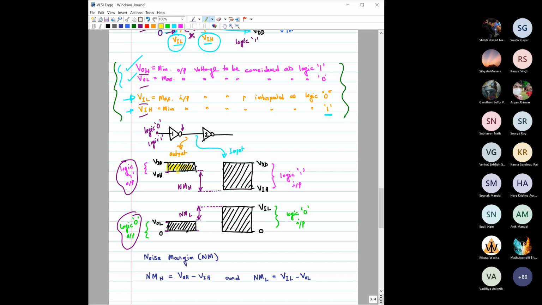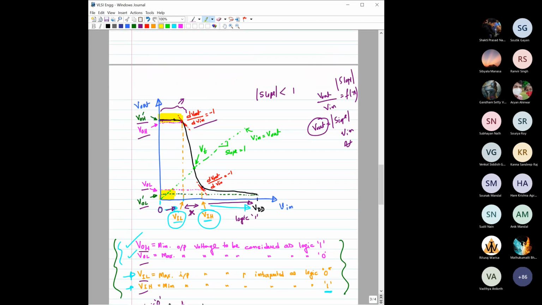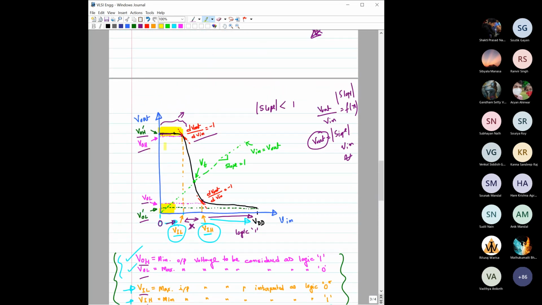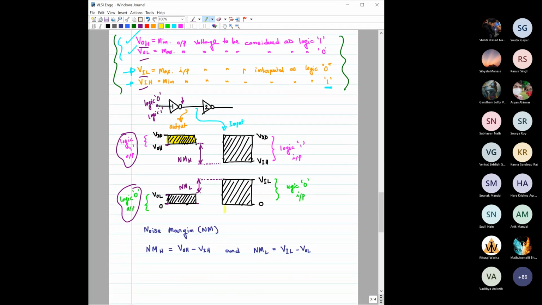This is the band that is allowed at this output. That I have talked about here. Same thing we are trying to say from here. So you have a band which is a valid logic 1 output of this inverter. Similarly, you have a band of voltage which is a valid logic 0 output for this inverter.